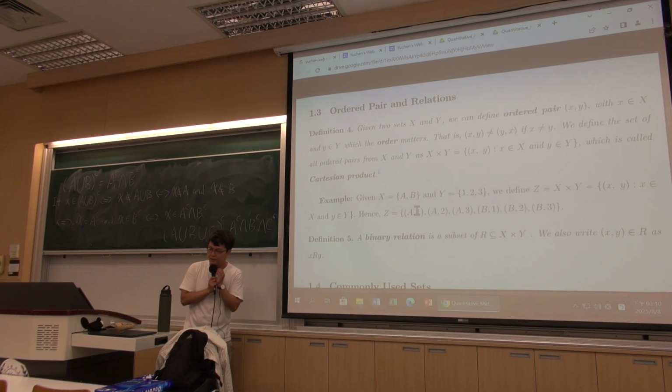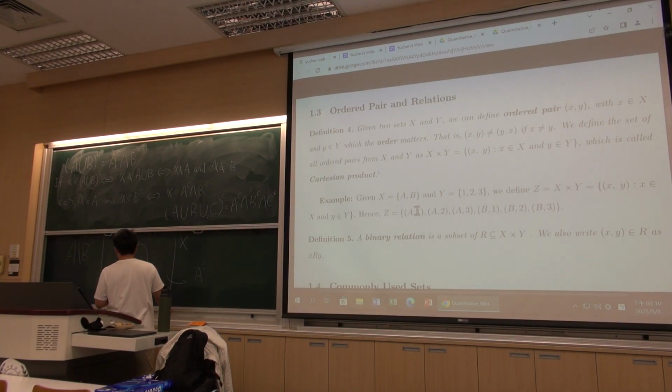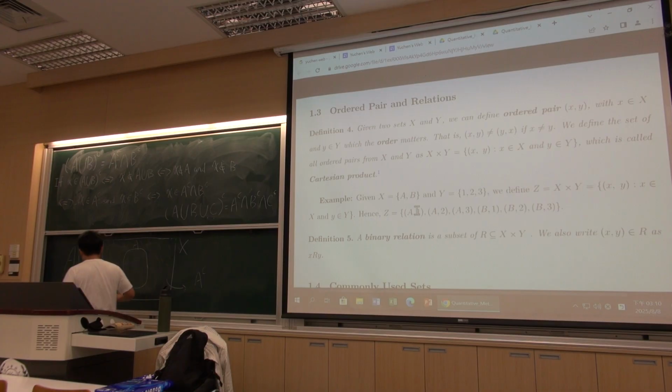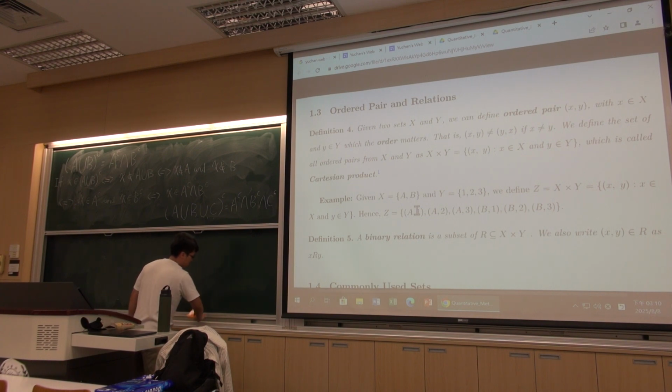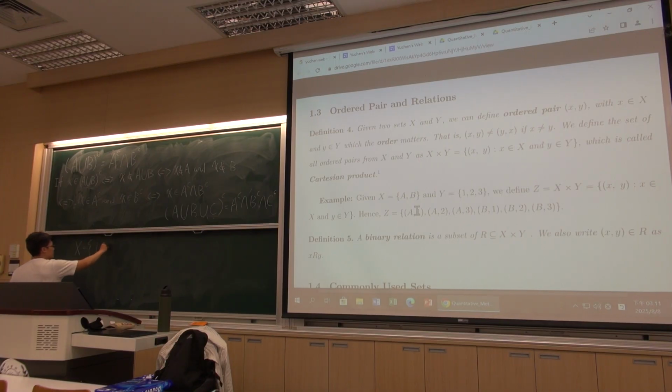If we have two sets, then we can define the ordered pairs in the following way, in which the order matters this time. Okay. So for example, AB.